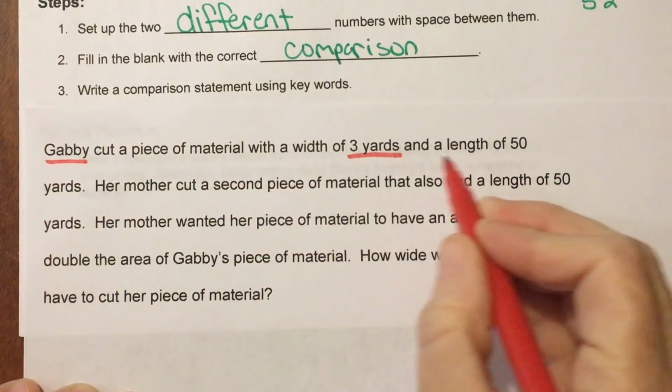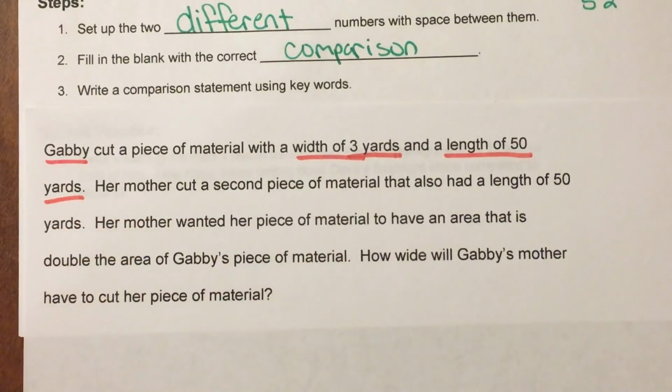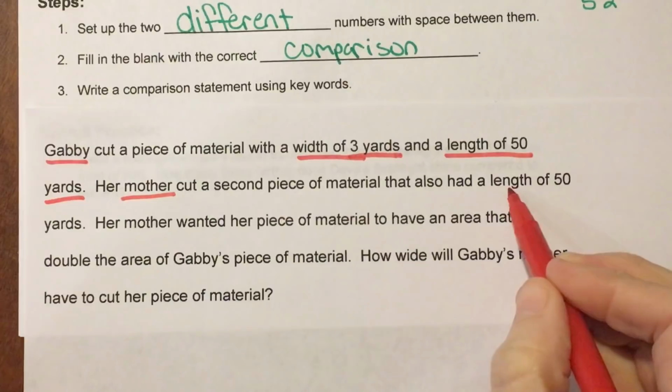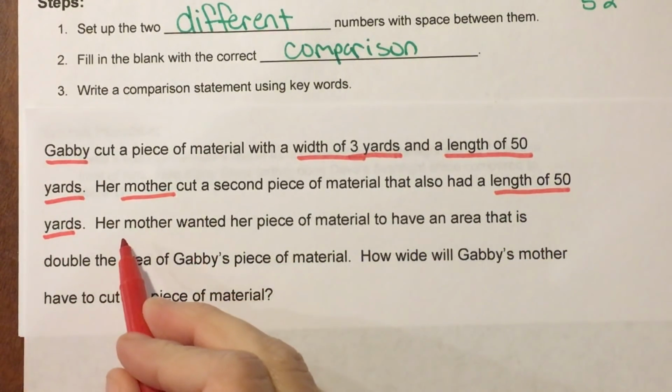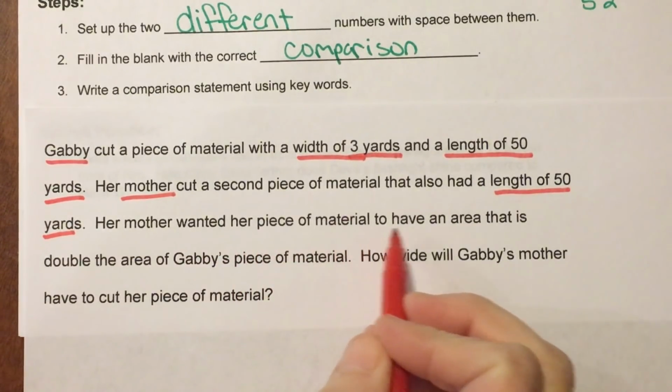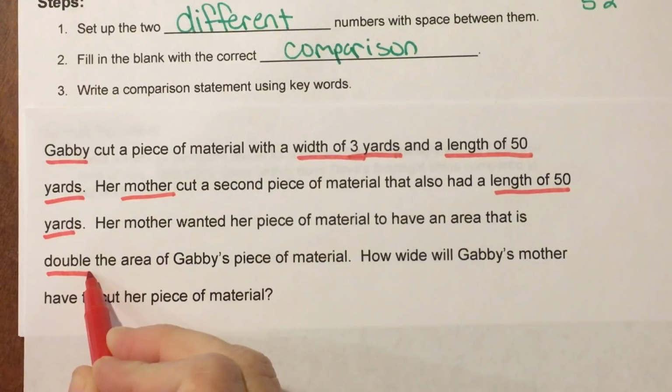So Gaby's has a width of 3 yards and a length of 50 yards. Her mother cut a second piece of material, so her mother has a length of 50 yards. Okay, her mother wanted her piece of material to have an area that is double.